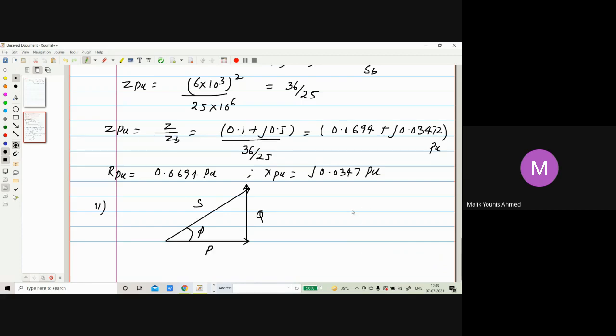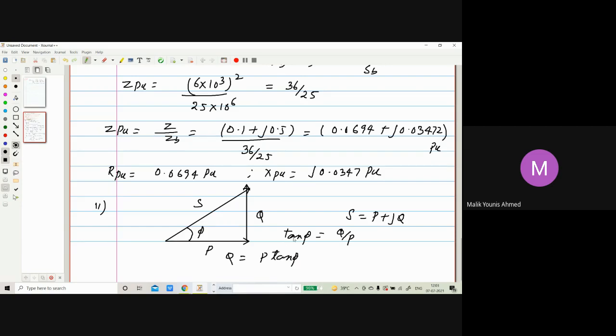So we always know S is equivalent to P plus jQ. This is basics of electrical engineering. From this, what we know, tan of phi, we have seen yesterday, is Q by P. From this, I can get Q. Q value will be P tan phi.